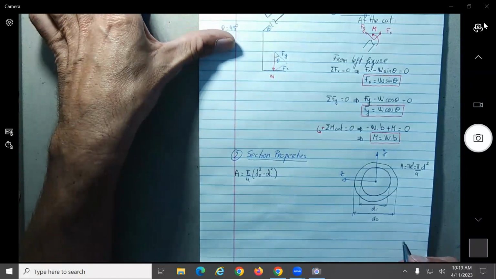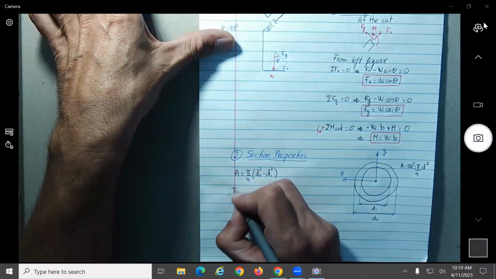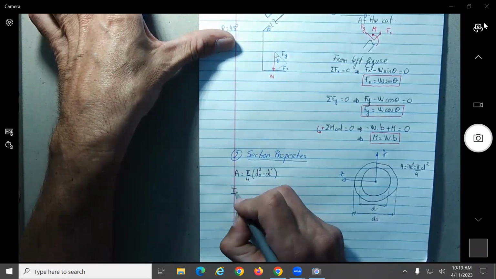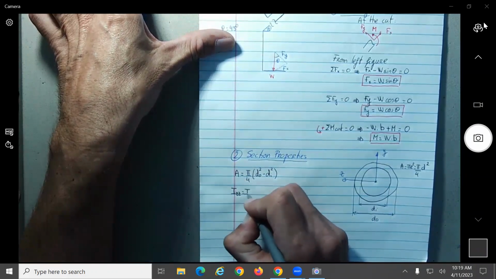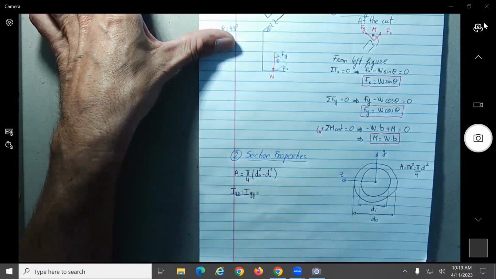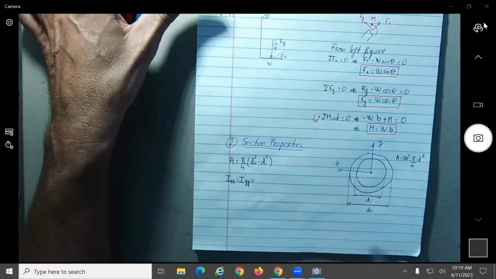What else might we need? Moment of inertia, but which axis? They're going to be the same, but we need to write down I_zz and I_yy. We're going to keep them just for the understanding of the equations, okay?